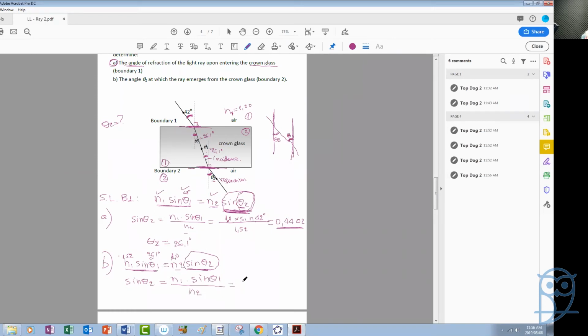Now this n2 is the air, yeah. So the n2 is 1, the n1 is 1.52, and the sine of theta 1 is the sine of 26.1 degrees, which was 0.44. Right. So if we do the calculations here, what do we find?